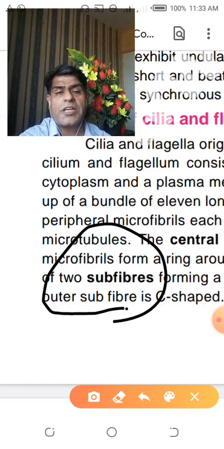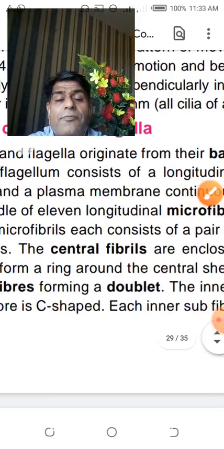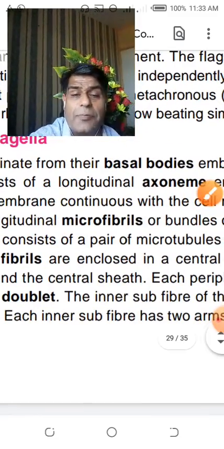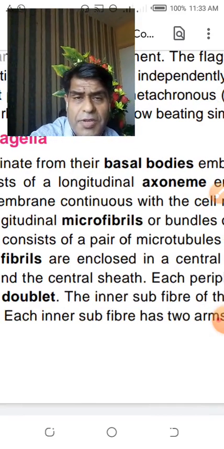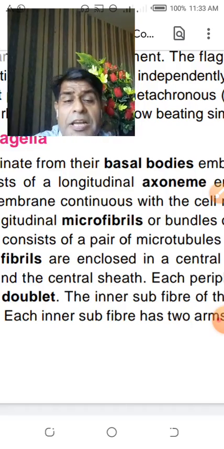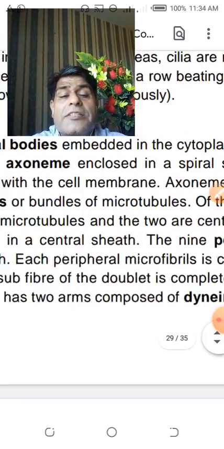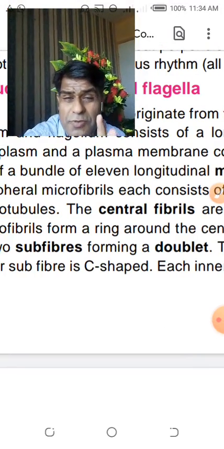I am talking about the subfibers, and they are doublet. Why are they doublet? Because they consist of 2 subfibers, one outer subfiber and one inner subfiber. That is why it is called the doublet.